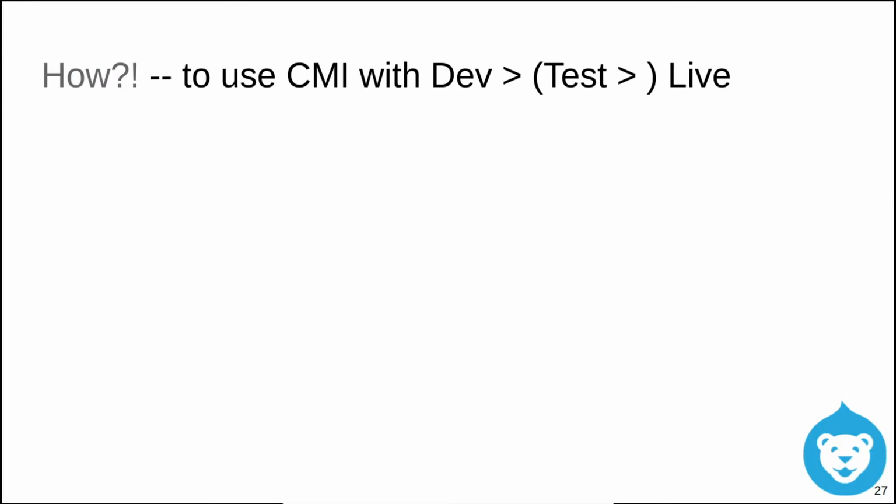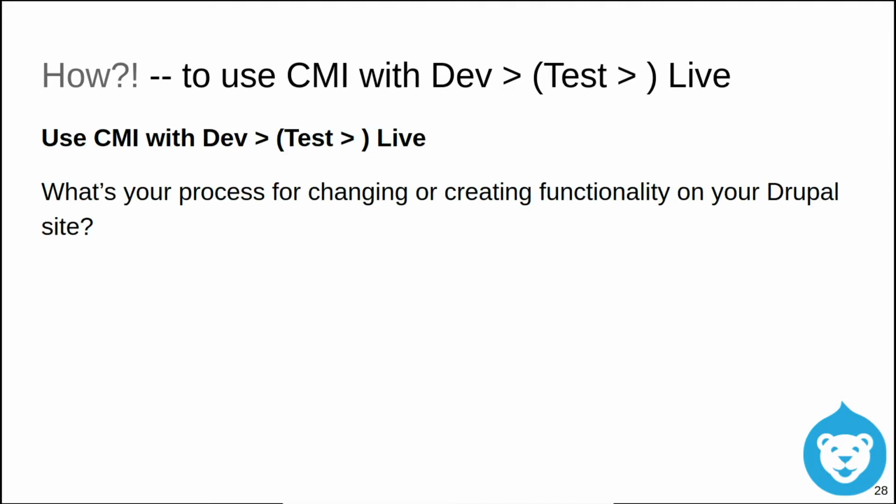Back to the how. So I just want to mention, using configuration management between your dev, test, live environments. We sort of just talked about it here anyway. What's your process for changing and creating functionality? Do you have something like a dev, test, live workflow situation? Do you build stuff on a local environment or a separate branch like a multi-dev if you use Pantheon?